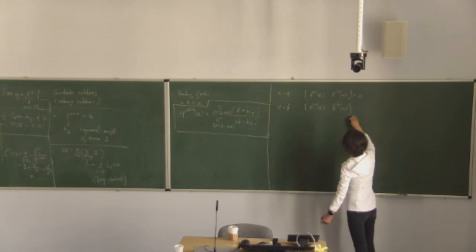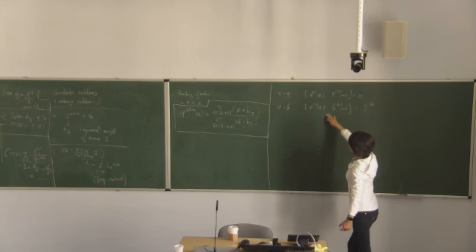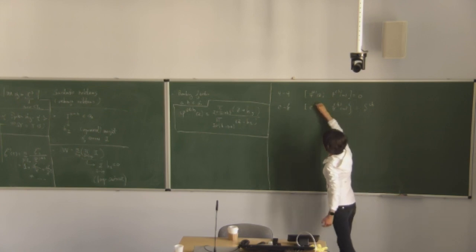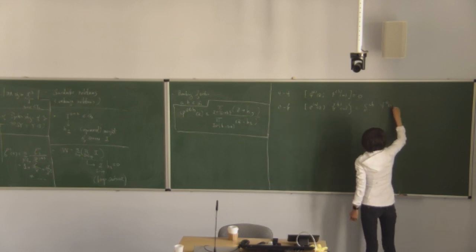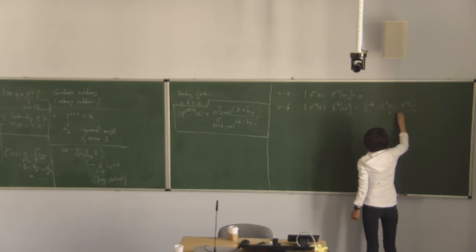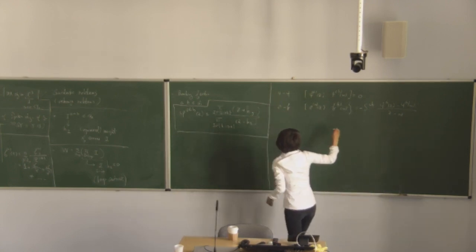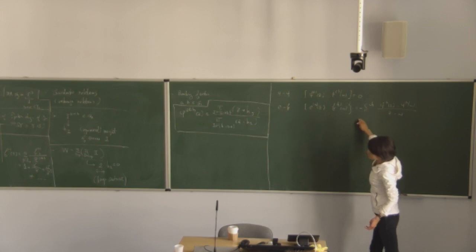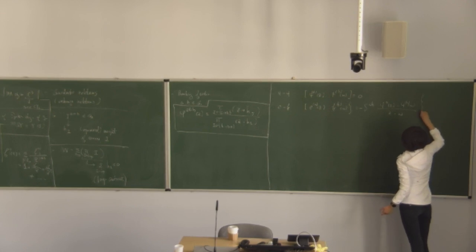This means it's a super commutator. It will be a commutator when they're both bosonic, and an anticommutator if they're fermionic. Okay, so you see these two relations don't depend on the quiver at all. These two relations are universal for all quivers.